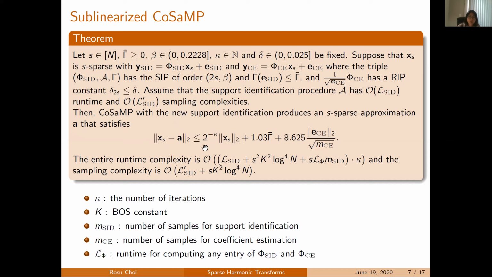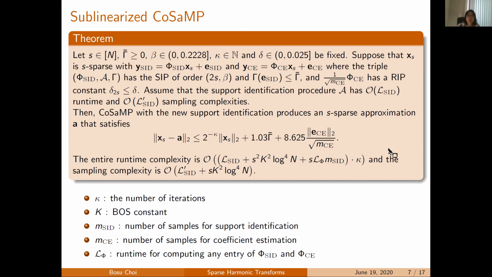So here the first term decreases at a rate of 1/2 as the iteration number increases, and this gamma bar is from the noise vector, ESID's L2 norm, and this other norm. Sorry, it is more complicated, but we will see the specific choice of gamma bar afterward. And this third term comes from the least squares solver for coefficient estimation.